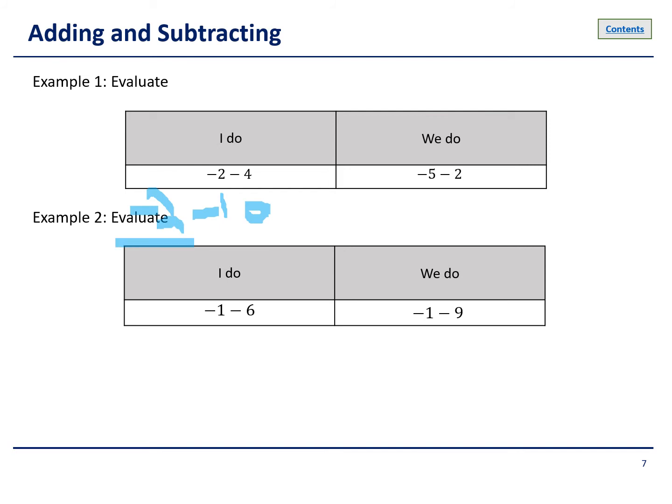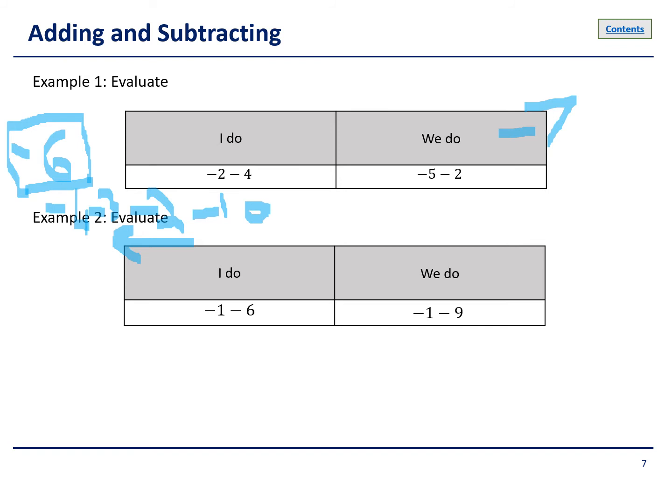So that's telling me I need to go this way and keep going into the minuses. So I'm going to go -3, -4, and I need 2 more, and I end up at -6. So the answer for this first one on the I do is -6, because I've taken 4 away from that -2. Okay, pause the video and have a go at the we do, please.